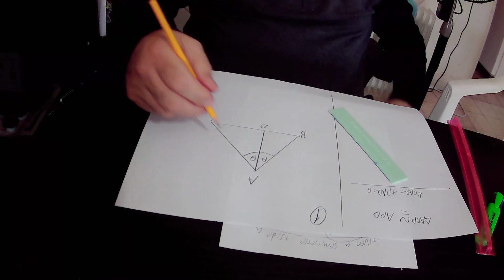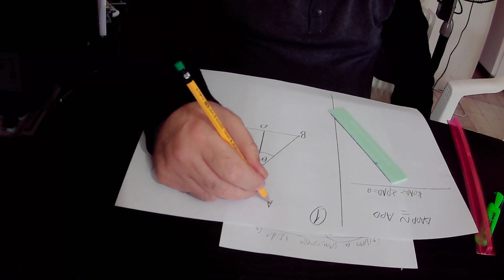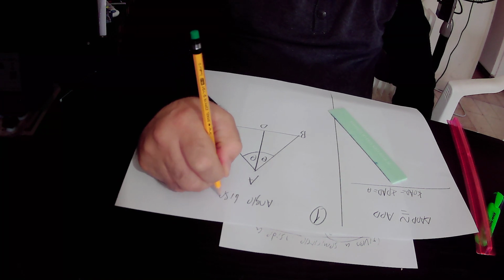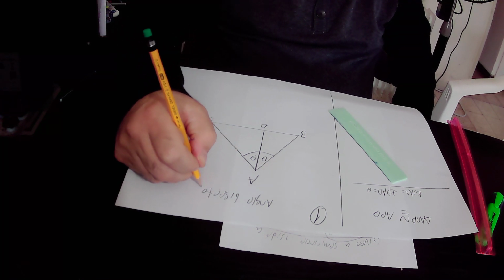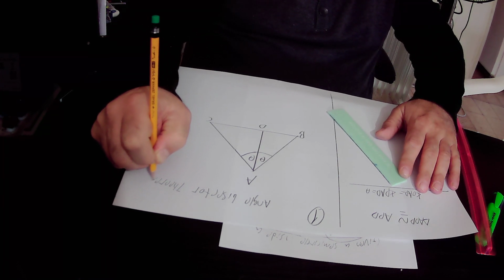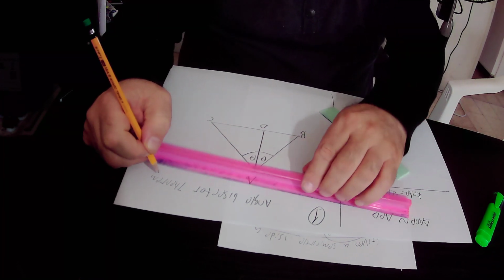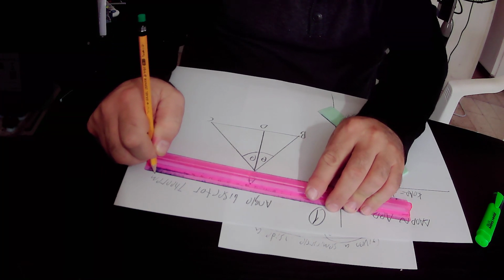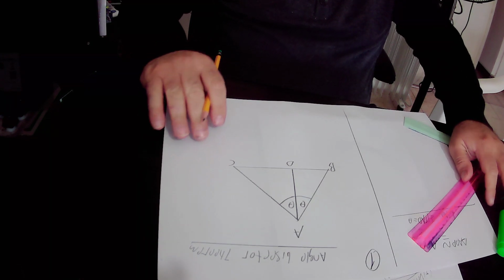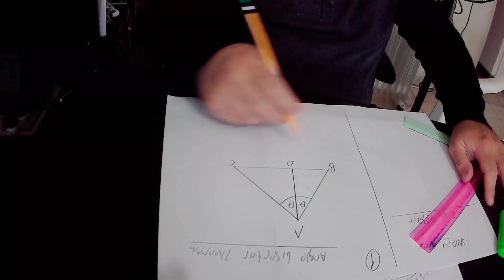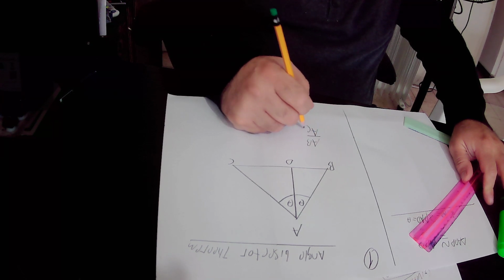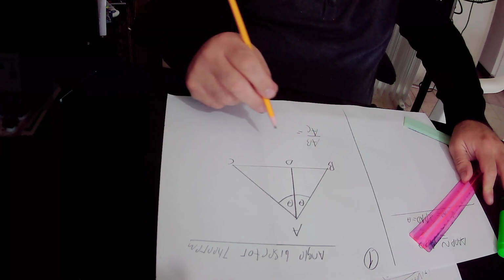Then, according to the angle bisector theorem, the following relationship exists between the parts of this triangle. Here, AB over AC equals BD over DC.